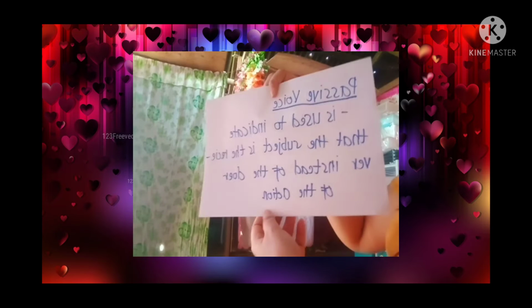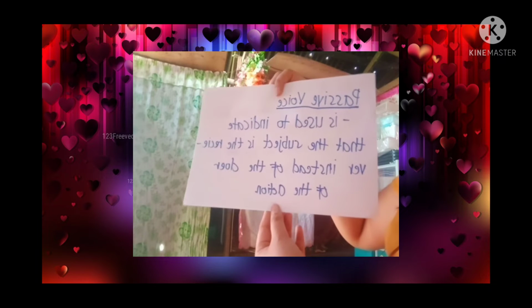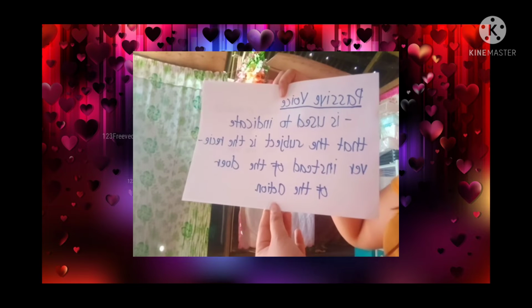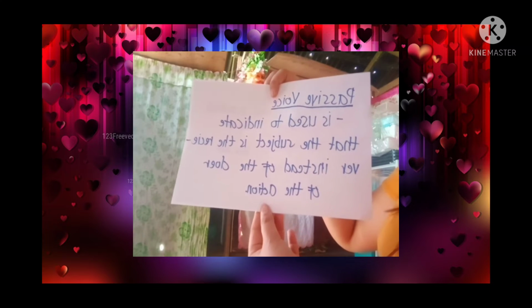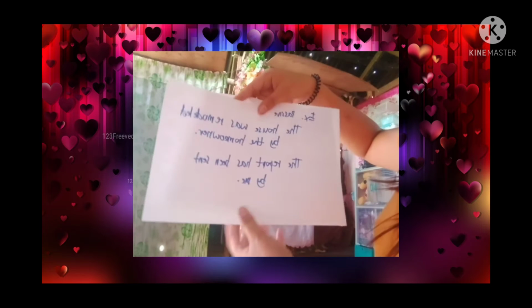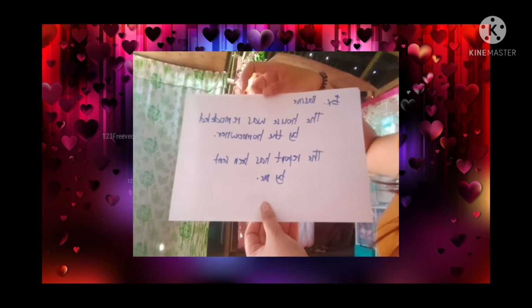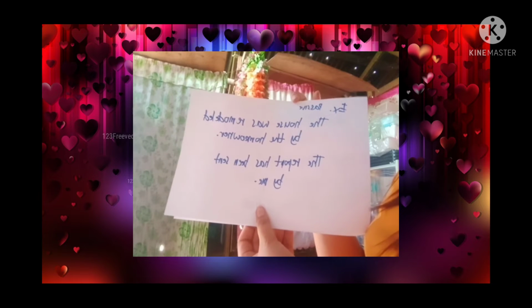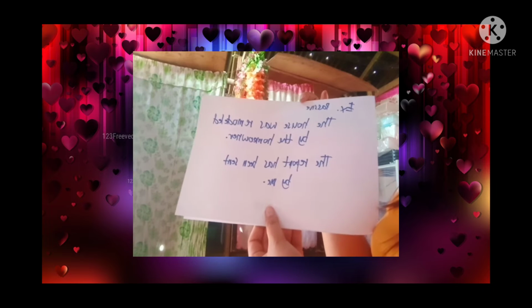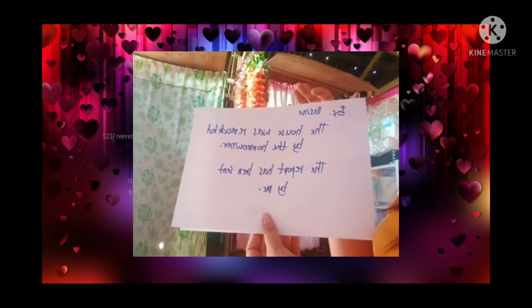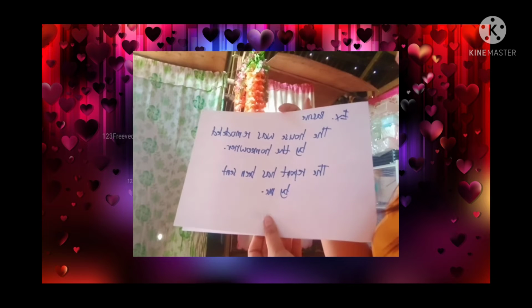Let's proceed to passive voice. Passive voice is used to indicate that the subject is the receiver instead of the doer of the action. For example, the house was remodeled by the homeowner. As you can see, the doer of the action is in the last part of the sentence. The house was remodeled by the homeowner.